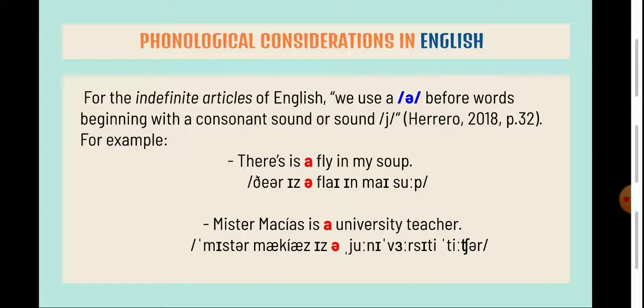So here, as we can observe, the word university starts with the vowel U, but this is in spelling. In pronunciation, we are not using the vowel U. We are pronouncing the G sound, which is a consonant sound. So this sentence is pronounced in the following way: Mr. Macias is a university teacher.